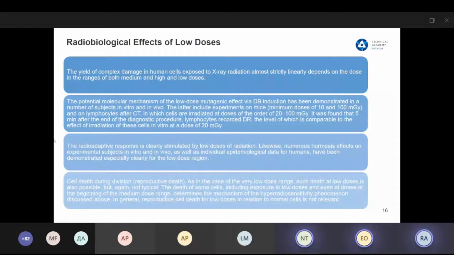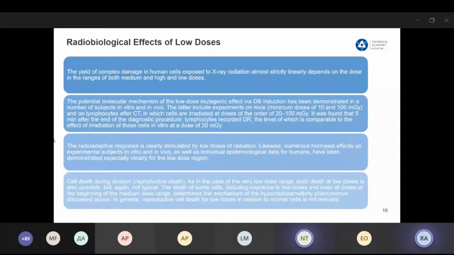On the other hand, in recent years, it has been reported that double break repair is difficult when cells are irradiated in vitro in the low dose range.